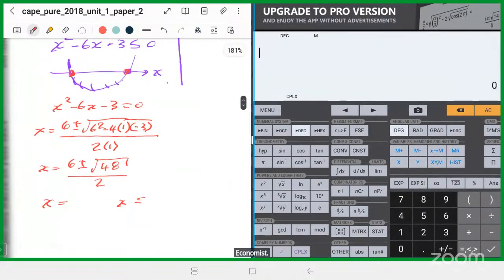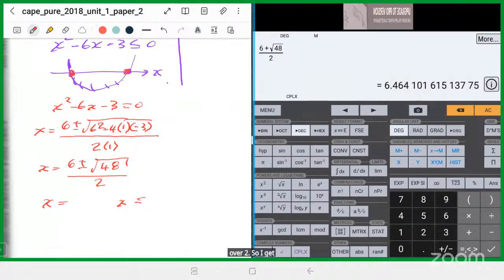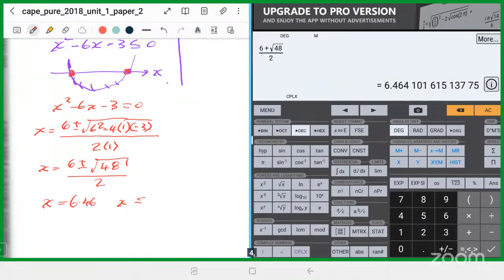6 plus the square root of 48 over 2. So I'm getting 6.46. Or the minus, let's change this to a minus.